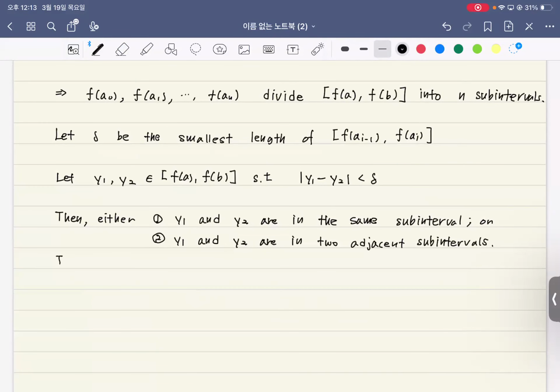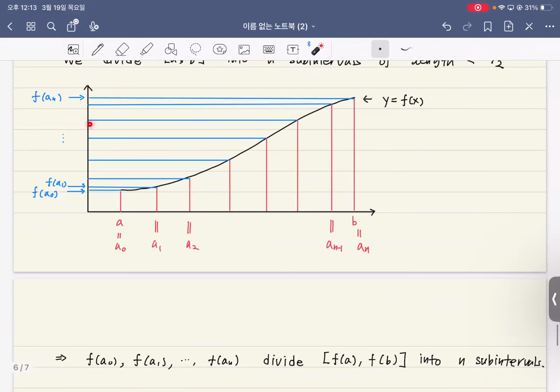If case number one is true, then consider f inverse of y1 minus f inverse of y2. Suppose that y1 and y2 are in the same subinterval.